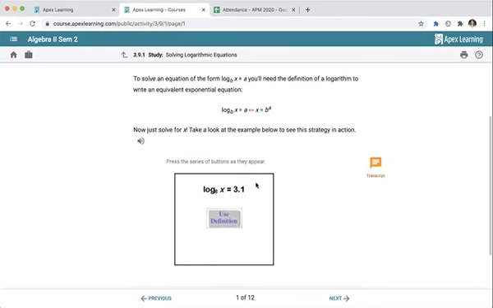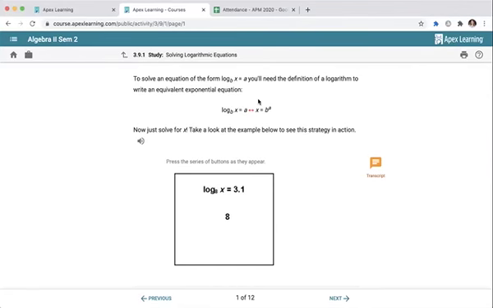So hopefully you've got some bells ringing in your head that we're going to have to undo our log functions, so we're going to take things and use our exponential properties. If we look at this value here, it's saying log base 8 of x equals 3.1.